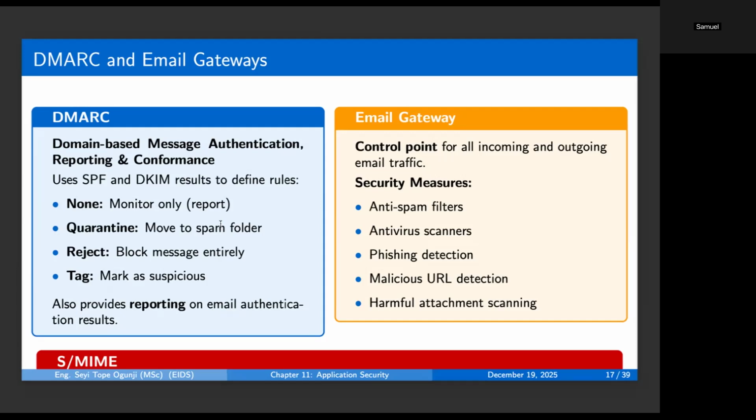Then it could go to another level of escalation and say reject. Here it says block it completely. Don't even put it in any quarantine. Block it entirely. Then it could also tag it: mark it as suspicious, but don't quarantine it.